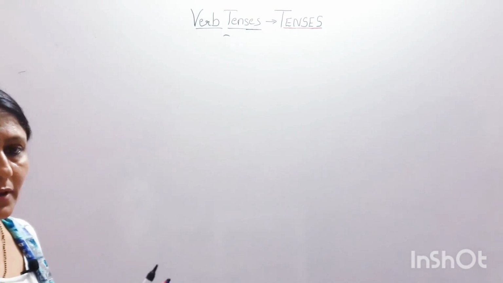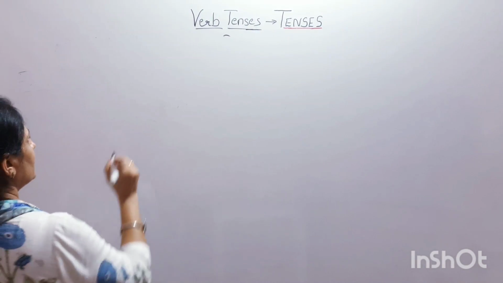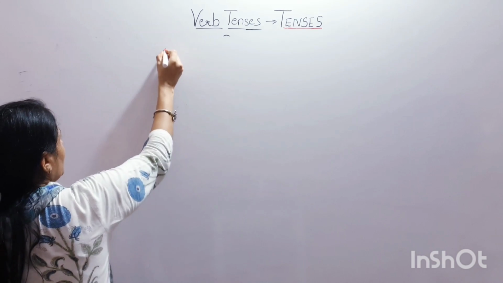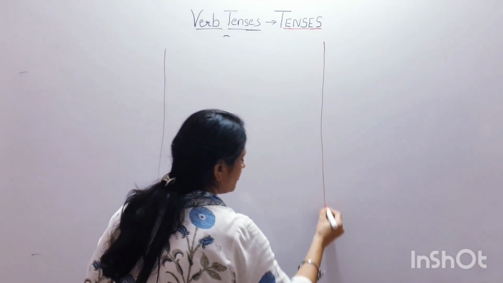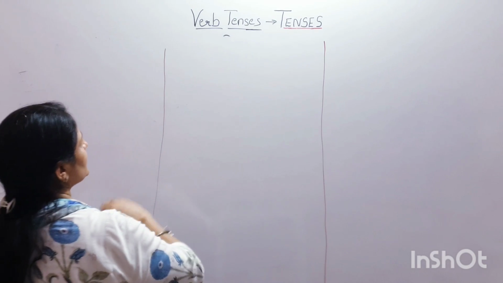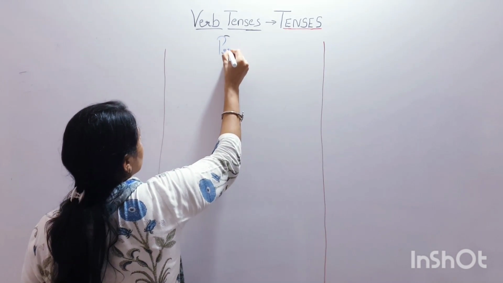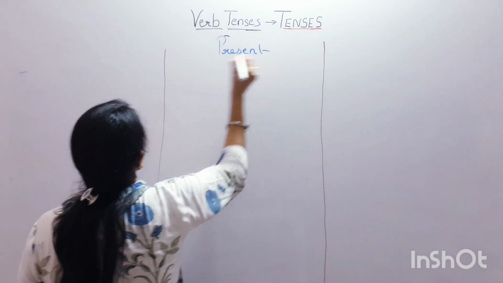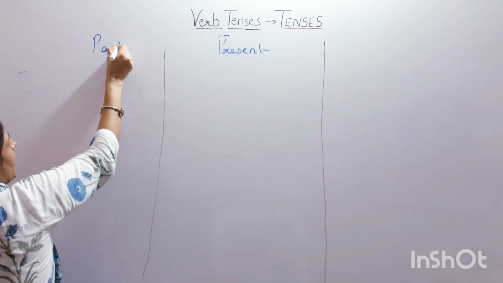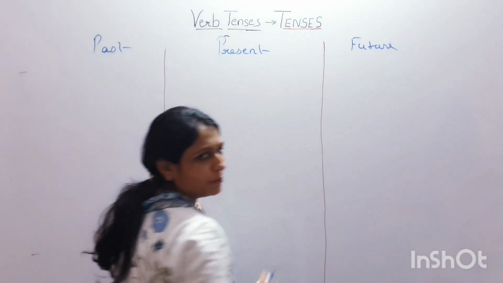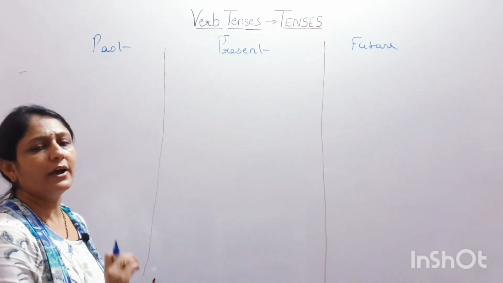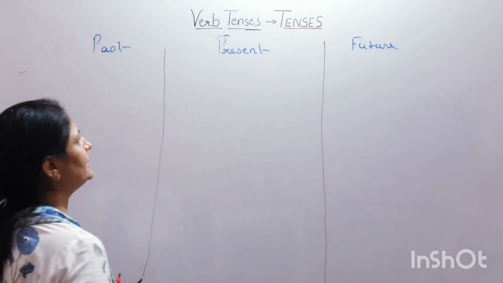Okay, I shall make, children, a very quick recap in the tabular form for all the tenses. Okay, let's take this present, now this is past, and this is future. I won't be writing the formulas over here, I will just be giving you the example.